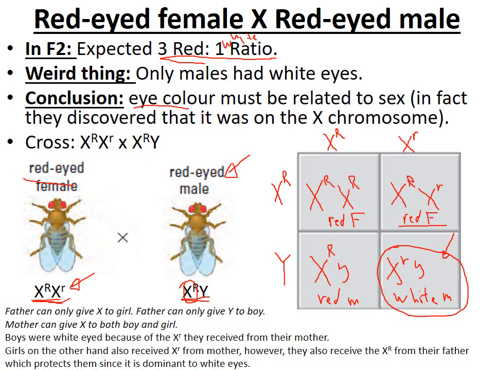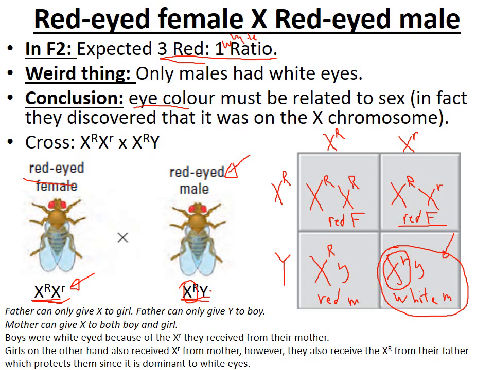The mother gave X little r to the boy, and the father gave Y to the boy. So from that we can tell that the X little r must have come from the mother. It was hidden in the mother. And the mother doesn't have a Y. She has an X. So from this experiment, Morgan was able to tell that the eye color gene came from the X chromosome, not the Y chromosome.